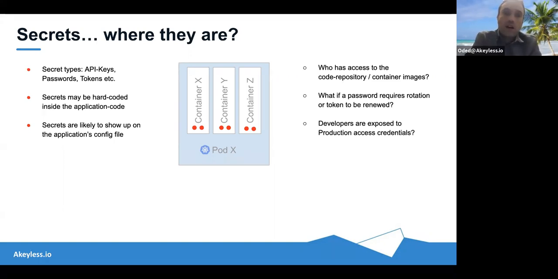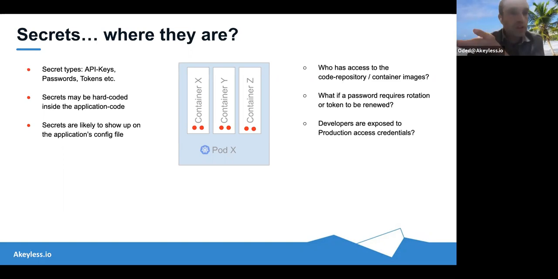Those are the places where we'll find those passwords. By the way, one of the most famous use cases for a secret is a connection to the database, right? You have a password, your container needs to access a certain database, and you need the password and the connection string in order to authenticate to that database.